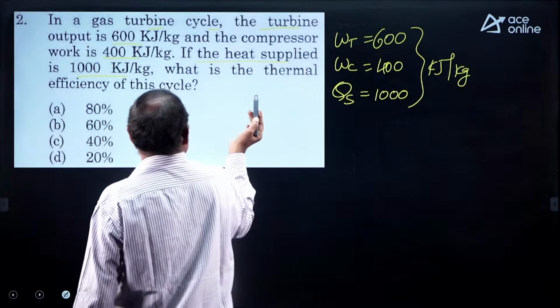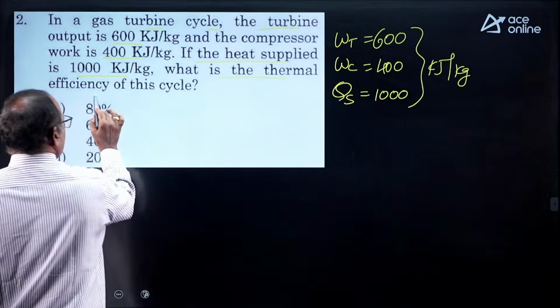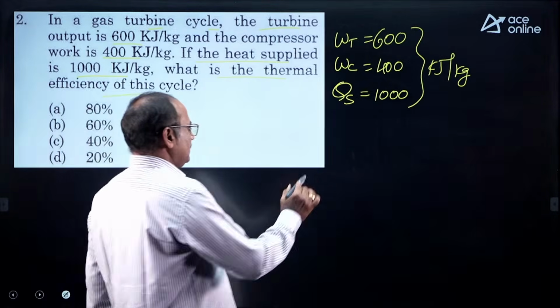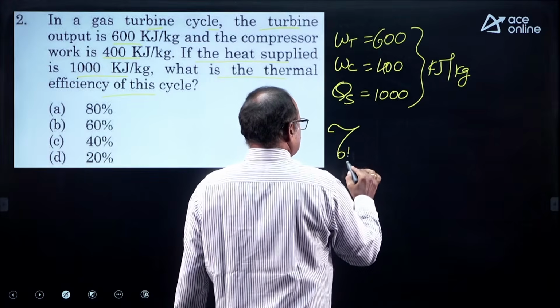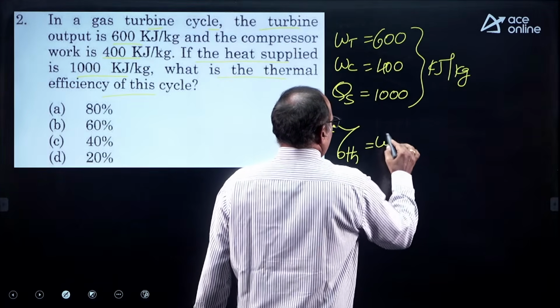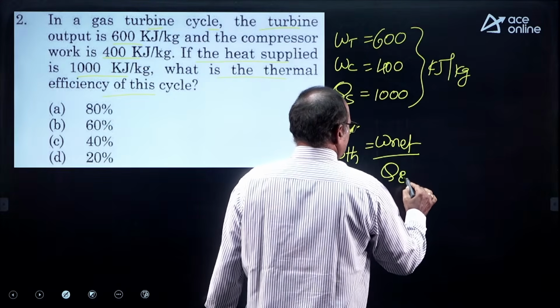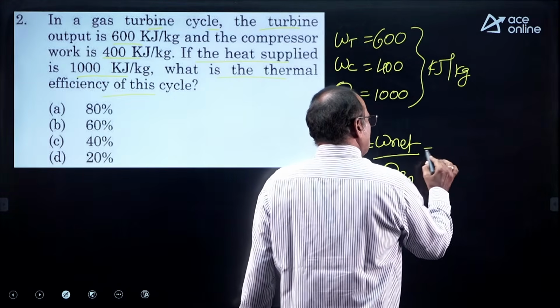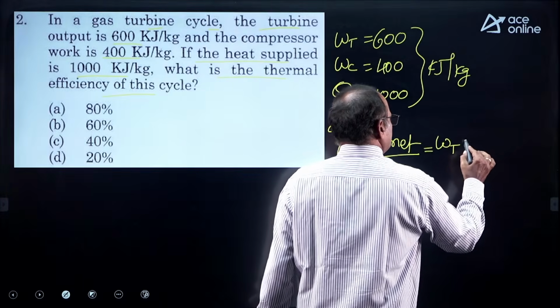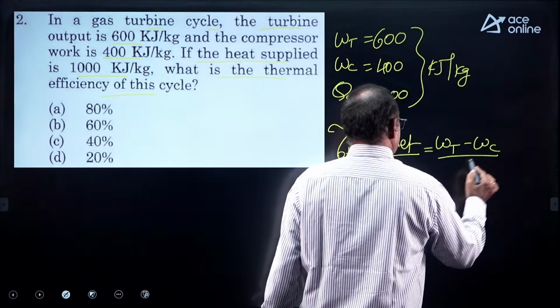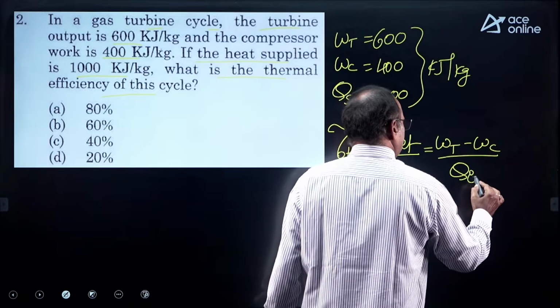What he is asking is the thermal efficiency of the cycle. Very simple. As you know, thermal efficiency of any heat engine is equal to the ratio between the net work output and heat input. The net work output is turbine work minus compression work, divided by heat supplied or heat input.